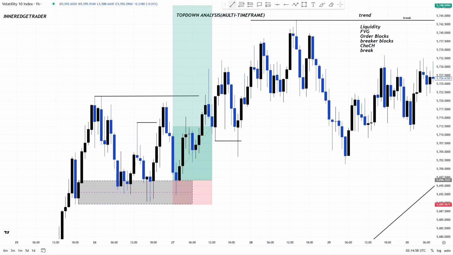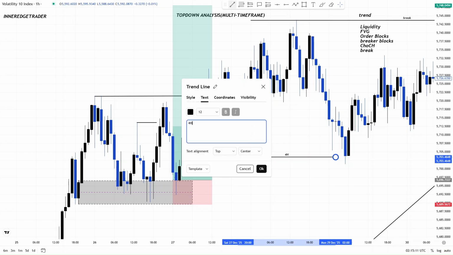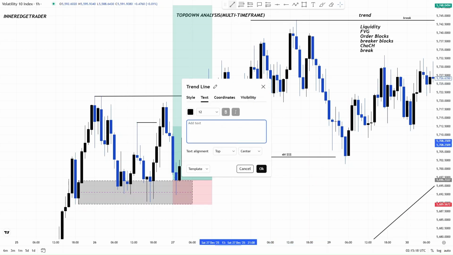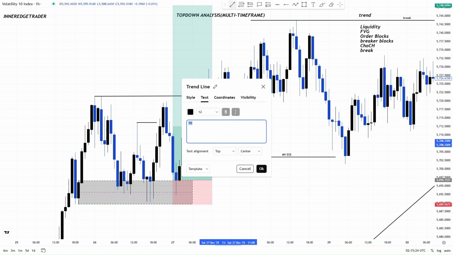Notice on the 4 hours time frame, this is the 4 hours liquidity, so you guys don't get confused during debates. Then this is 1 hour liquidity. They are different. They're not the same. This liquidity is on 1 hour.